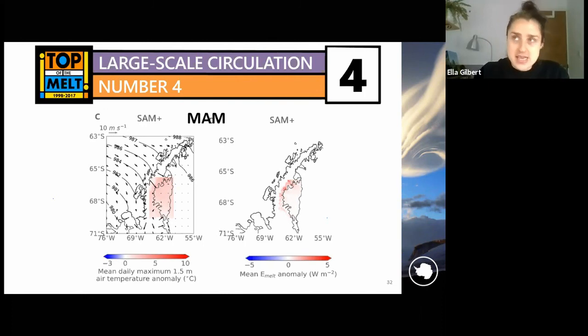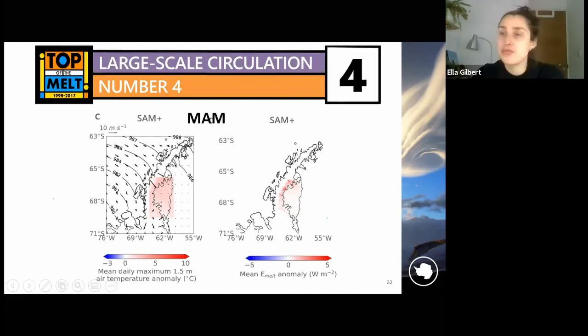We can see that during periods of positive SAM, you get, as expected, northwesterly flow. You get especially strong winds in the northwest of the peninsula and generally warmer Tmax anomalies. And characteristically, again, we get this east-west kind of gradient in the melting that is also observed alongside that.